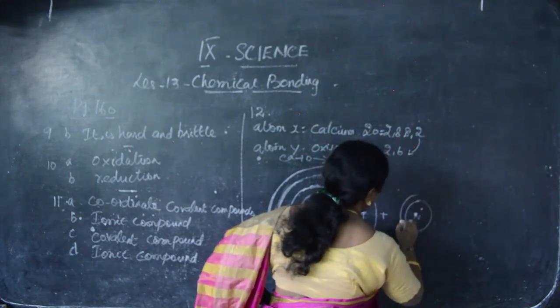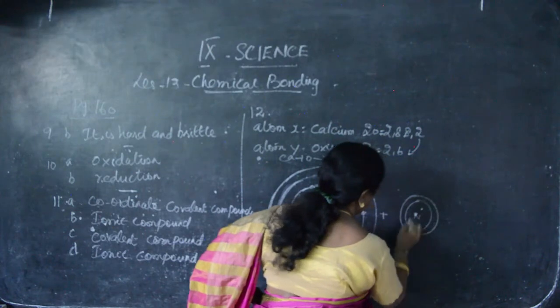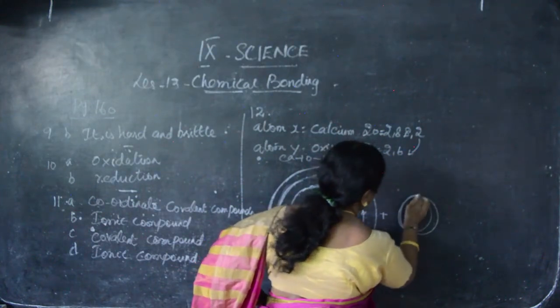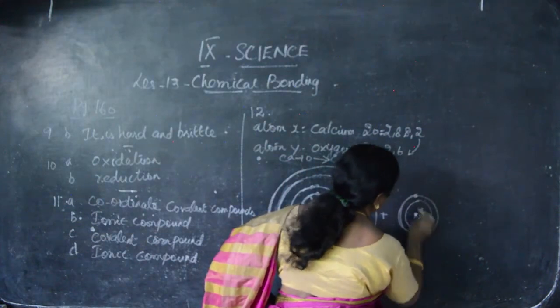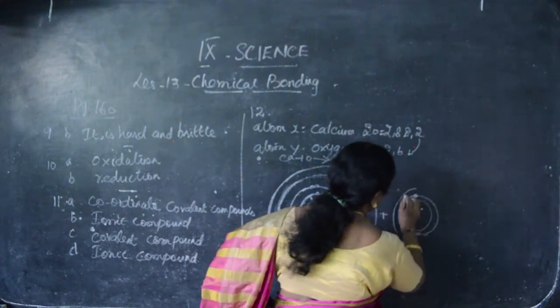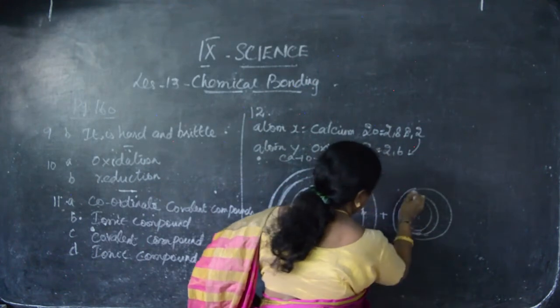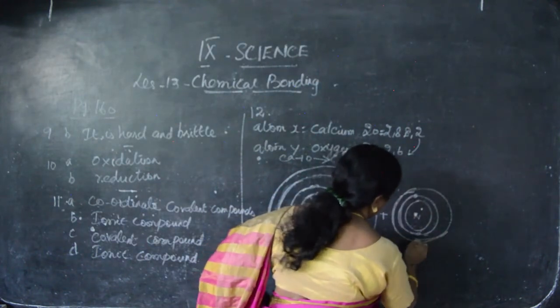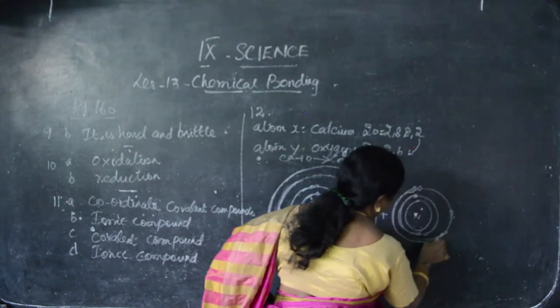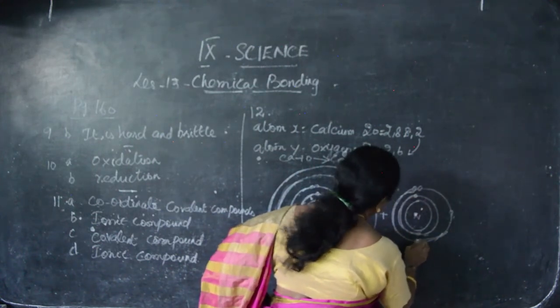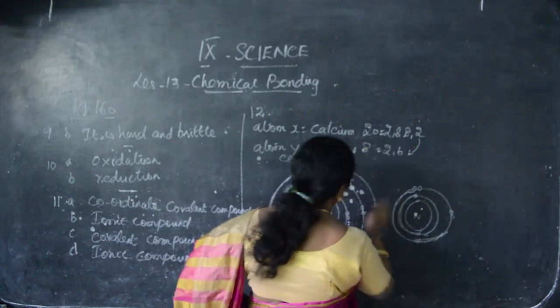Nucleus, first orbit 2, second orbit 6, 2, 4, 6.